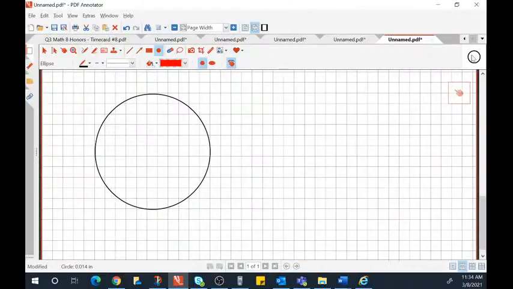Circles, circles. Everybody grab and cut out a circle.